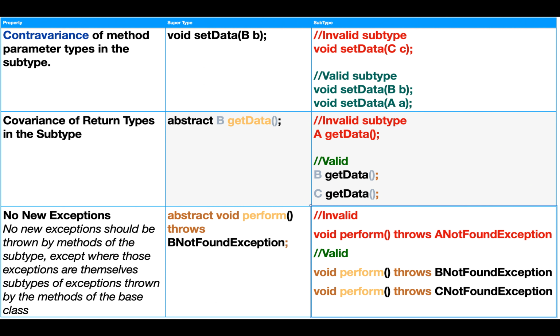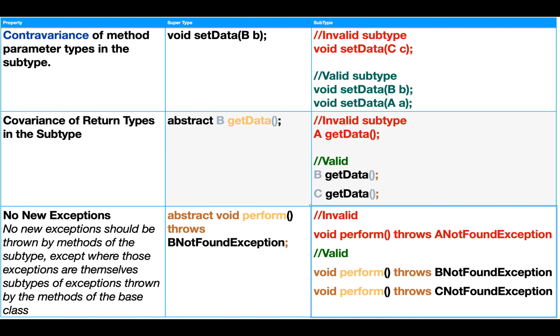And in a few cases, a method can also throw exceptions. So we need to take care of these three things: the parameter, the return type, and the exception.